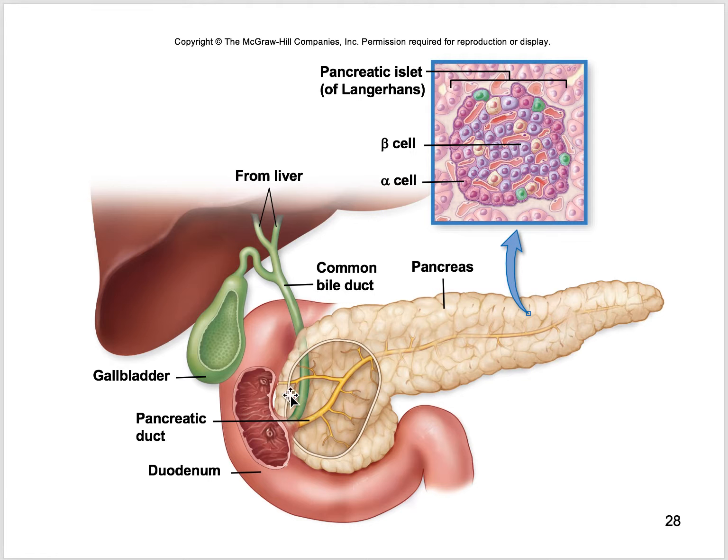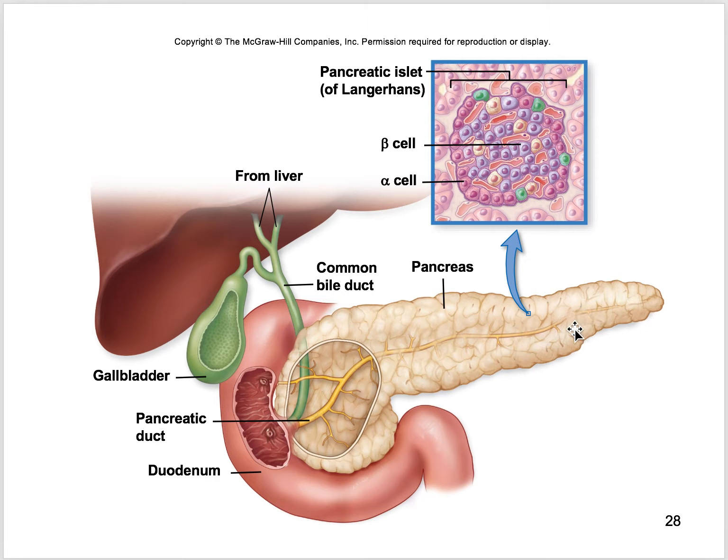Here's a good picture to talk about what's going on. In this white space where my mouse is, this is where the stomach would be if it was drawn here. The pyloric sphincter would be about here, and it leads into the duodenum. This pink tube here is the duodenum, the first part of our small intestine. Wrapped up between the stomach and the duodenum is the pancreas, this white organ.